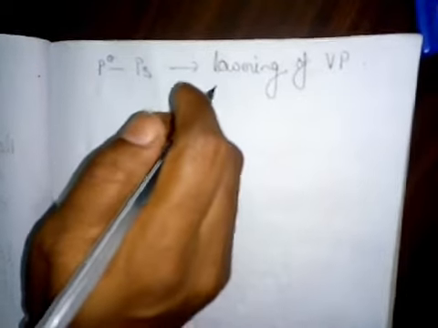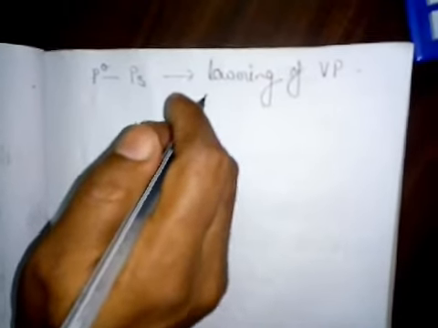P naught minus PS is called lowering of vapor pressure, because P naught is the vapor pressure of pure solvent, which is greater than the vapor pressure of solution, where PS is the vapor pressure of solution. This happens due to the addition of non-volatile solute to a volatile solvent.